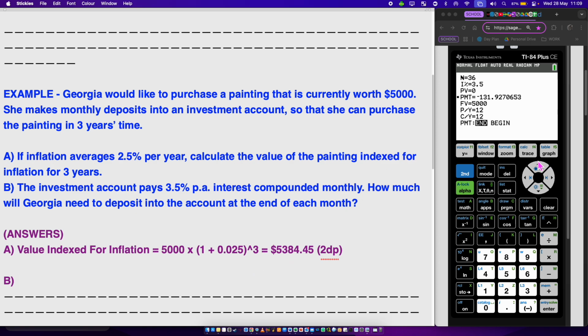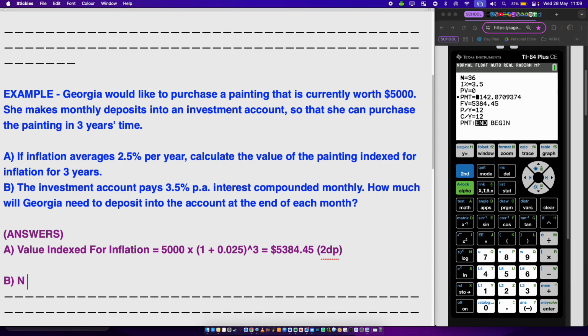So what do I need to change in the TVM solver to make sure she can actually afford it? Well, FV indexed for inflation. So FV is going to be 5384.45, because you're using maths to predict what the painting will cost later. So now if I solve for PMT, that's telling me I'm going to have to put away $142.07 to actually be able to afford the painting.